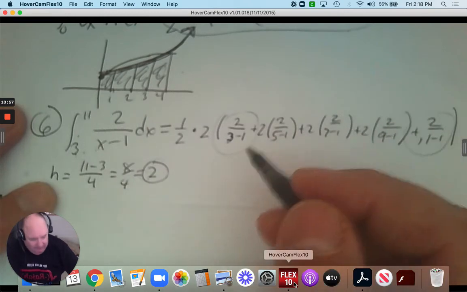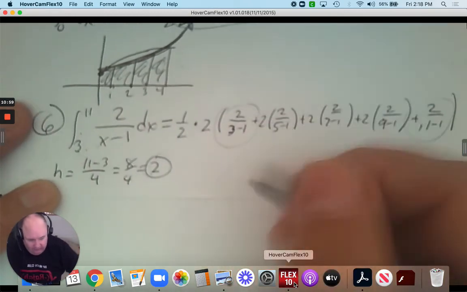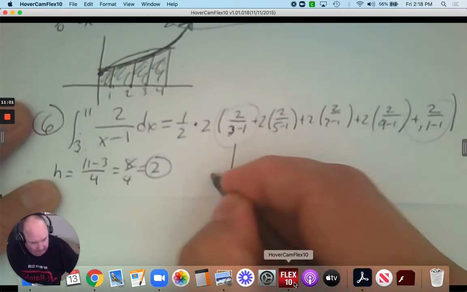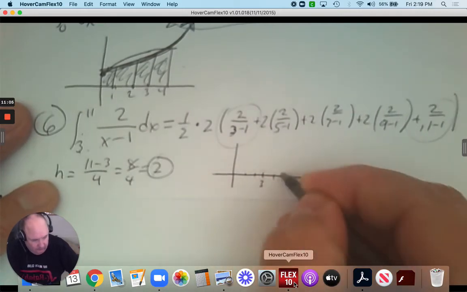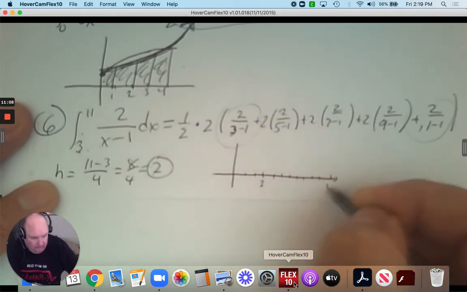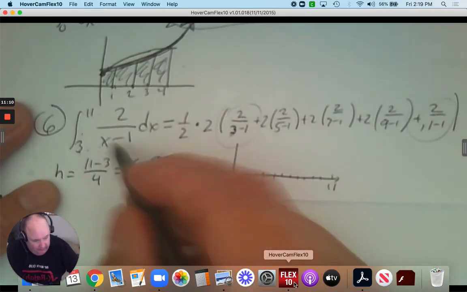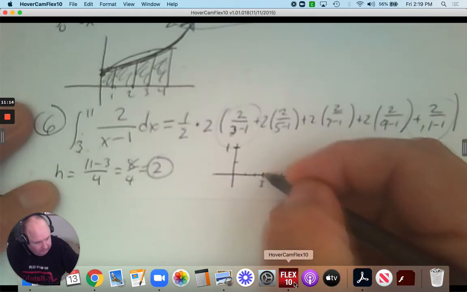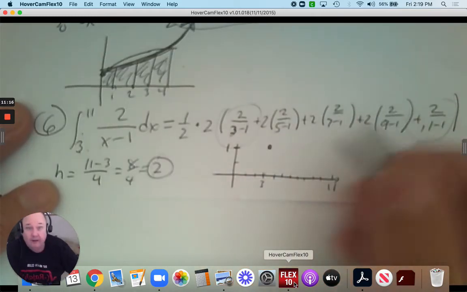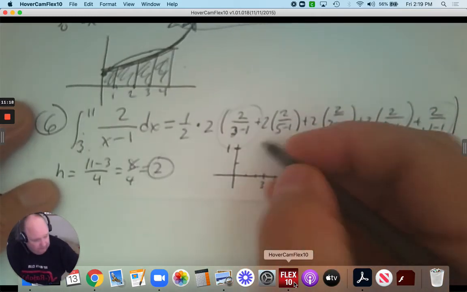What would the graph look like if I just sketched it? So from 3 to 11: 3, 4, 5, 6, 7, 8, 9, 10, 11. At 3, the answer is 1. And this is a decreasing function from there.